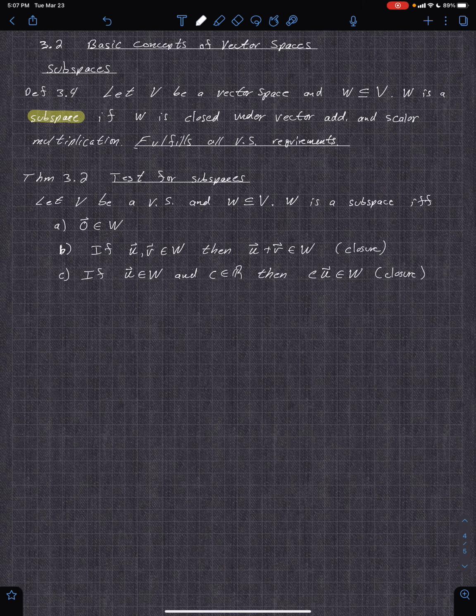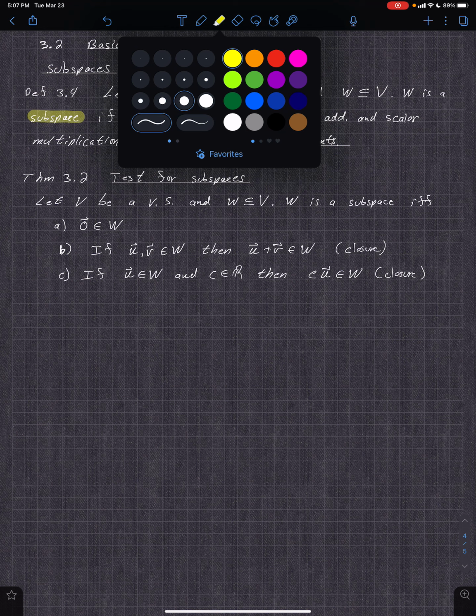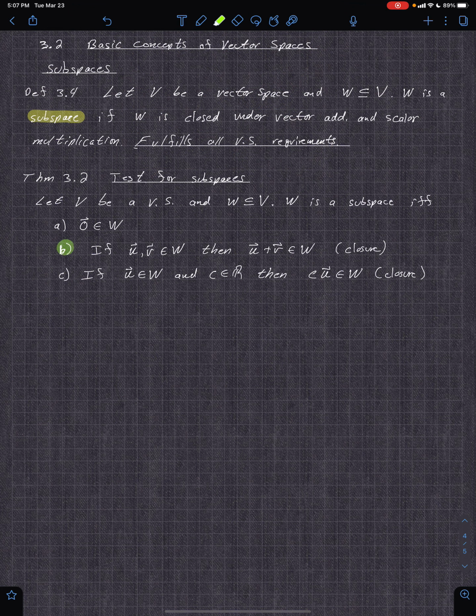So really, to show something's a subspace, you just need to do these two things.